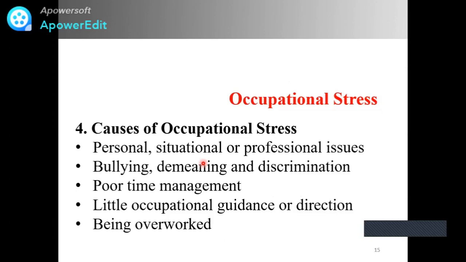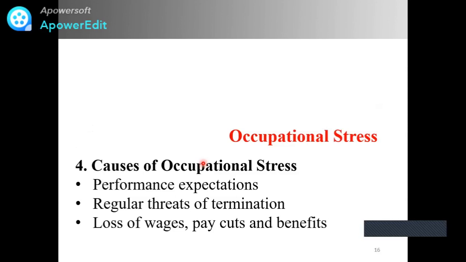bullying, demeaning, and discriminating, things like influencing others negatively and discriminating. Poor time management, little to no occupational guidance or direction, especially for career development, being overworked, performance expectations that far surpass an employee's training and ability, where more is demanded in performance than the employee's capability, regular threat of termination, loss of wage, pay cuts and benefits.